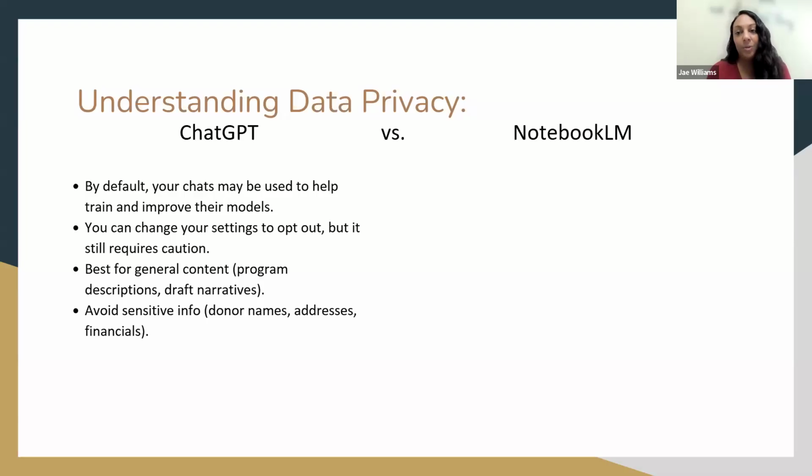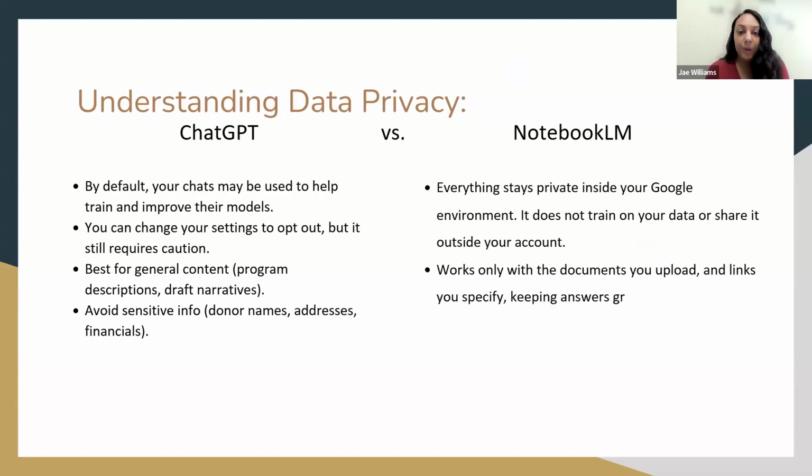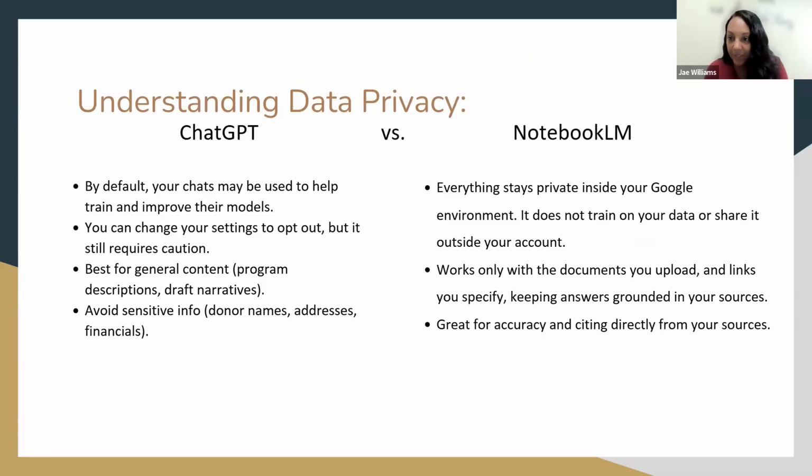If you go with the enterprise version, it's a little pricier, but there's some extra layers of IT security behind it. So it's definitely worth checking out if you have a lot of need for privacy, like with health and things like that. For NotebookLM, everything stays inside of your Google environment. That operates a little bit differently. It ensures that everything that you upload remains private by default.